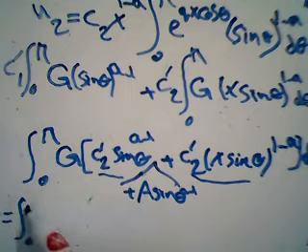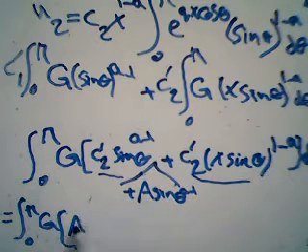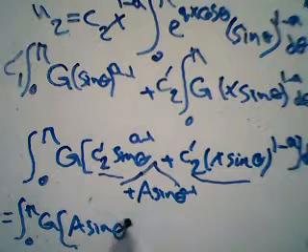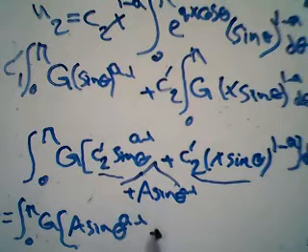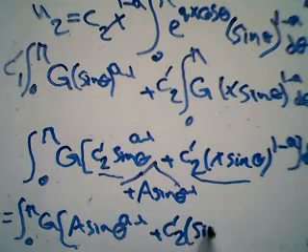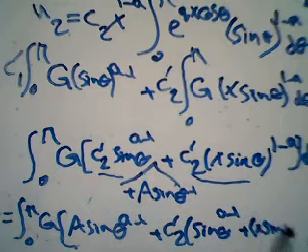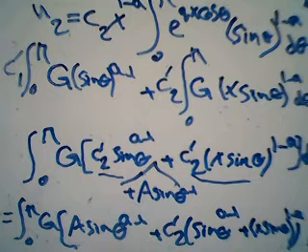The integral from 0 to pi G A sine theta A minus 1 plus C prime 2 times sine theta A minus 1 plus x sine theta to 1 minus A d theta.